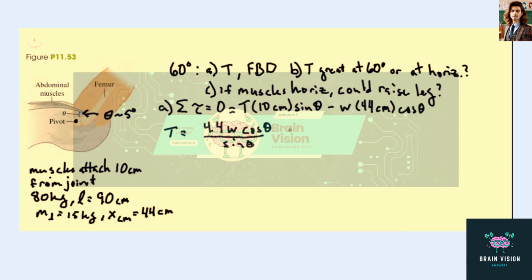Now for theta being 60 degrees, this means that the tension will be 370 newtons.